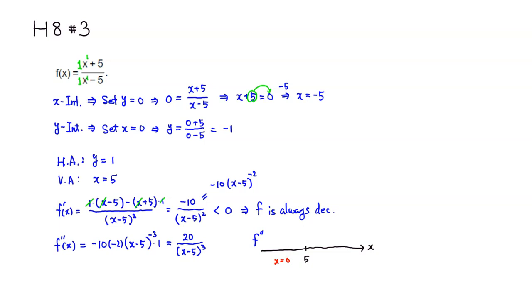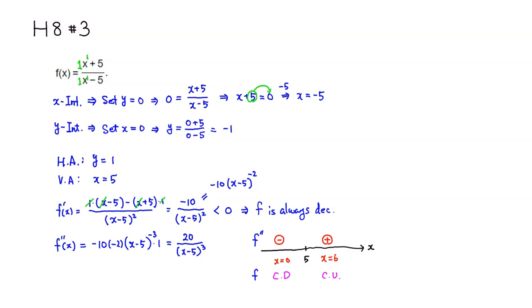If you plug 0 into the second derivative, negative 5 cubed is negative. Positive divided by negative is negative. Now we try something bigger than 5, so I'm going to try 6. If you plug in 6, 6 minus 5 is positive, everything is positive, so the second derivative is positive. So the concavity is concave downward before 5 and concave upward after 5.